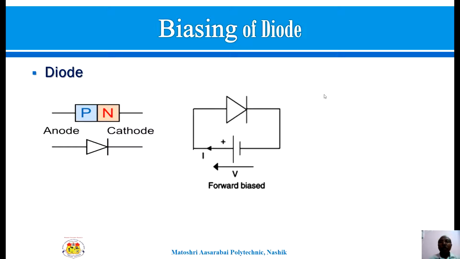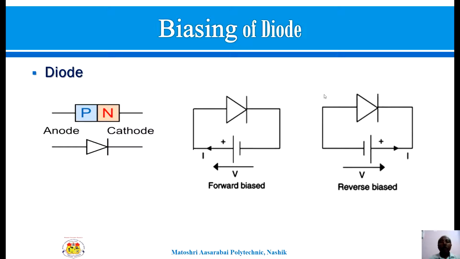Now we'll see the biasing of the diode. In the case of biasing of the diode, we have forward bias and reverse bias. In forward bias, the battery is connected to the diode in such a way that the anode is connected to the positive terminal while the cathode is connected to the negative terminal. This is forward bias.